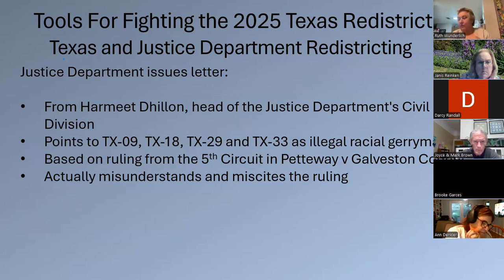And the real thing is, Petteway v. Galveston, and this is a subtlety, was a group of minorities suing Galveston County, saying that they deserve a district. And the court actually ruled that a coalition of minorities cannot force a district after lines have been drawn. It says nothing about taking coalition factors into account when you're drawing them.